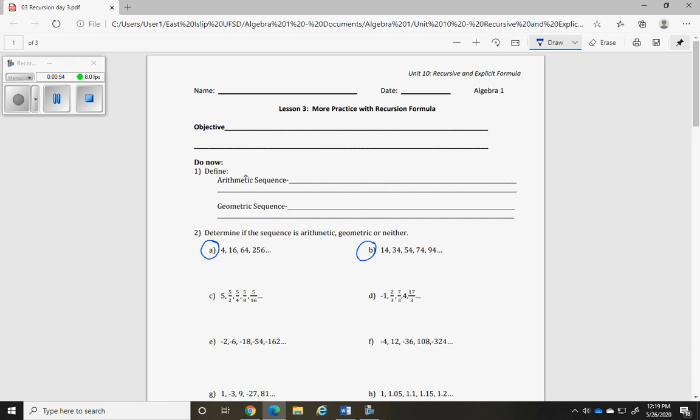So if you remember the definition of an arithmetic sequence, it means that you continuously add the same number. So I'll write that it's a sequence that shows continuous addition of the same number.